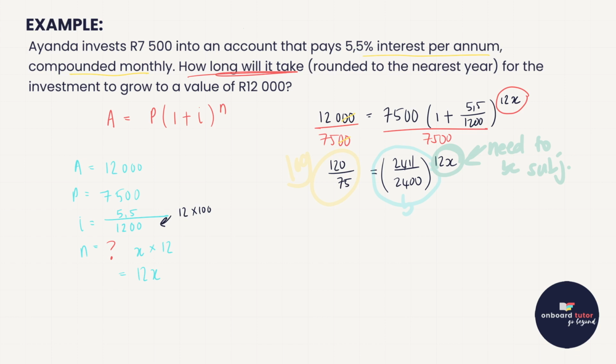Remember, the base remains the base, so 12x becomes my subject. And now I'm going to say log with this base here, 2,411 over 2,400, and that is equal to the log of 120 over 75.